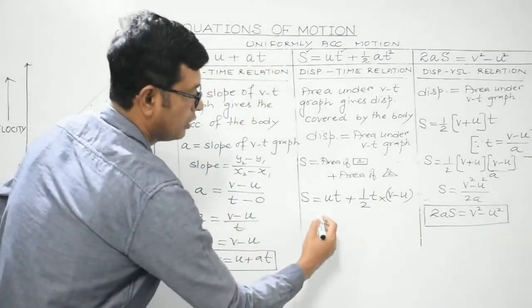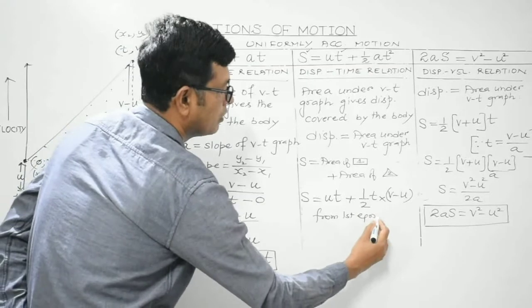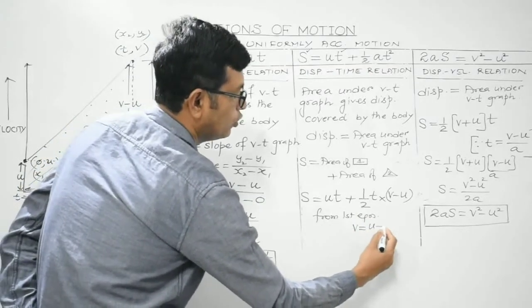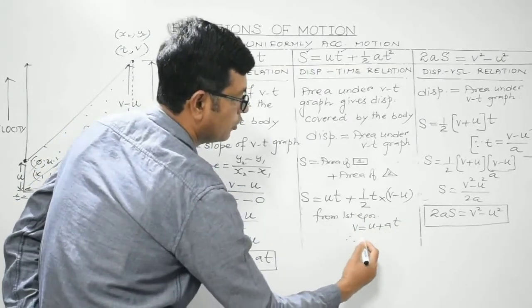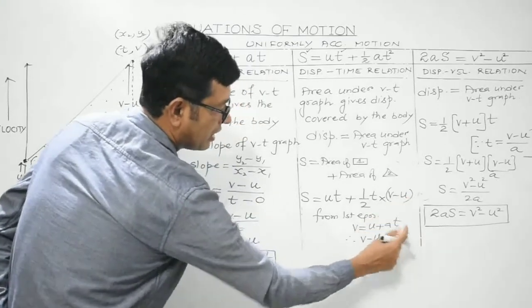Now make use of equation 1. From the first equation, what do you get? V is equal to u plus at. Therefore, v minus u can be written as at.